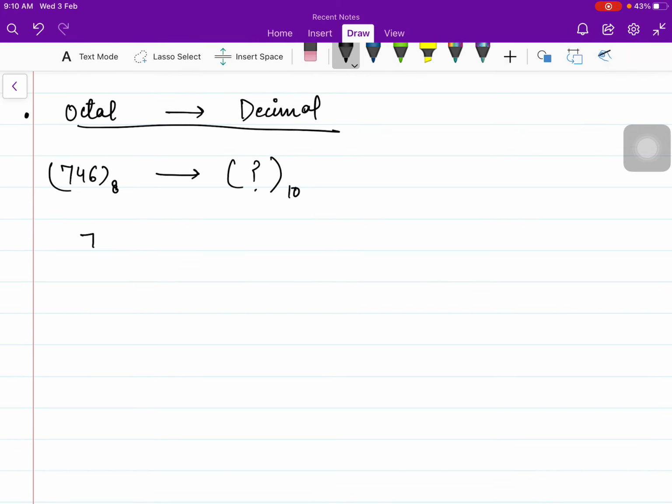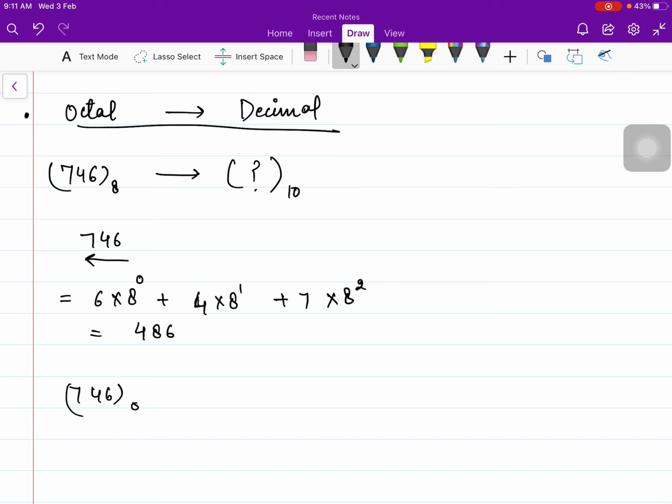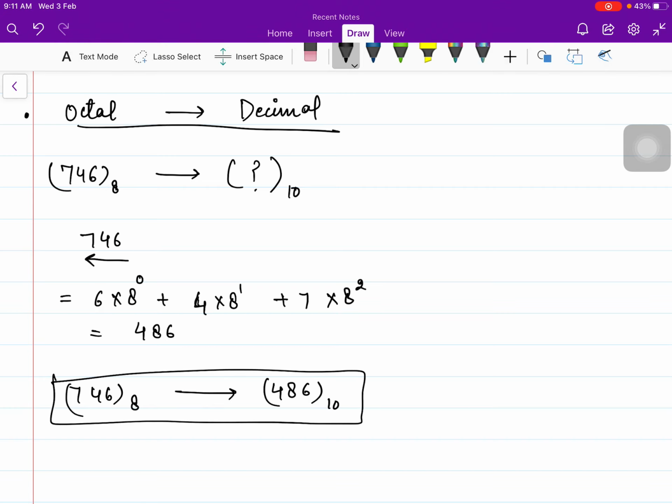If it would have been a binary, we would have moved from right to left, and while moving from right to left, we would have multiplied it with the powers of 8 like this. Isn't it? And the answer here comes out to be 486. So the 746 in octal, when converted into decimal, it comes out to be 486 in decimal. So this is the answer.